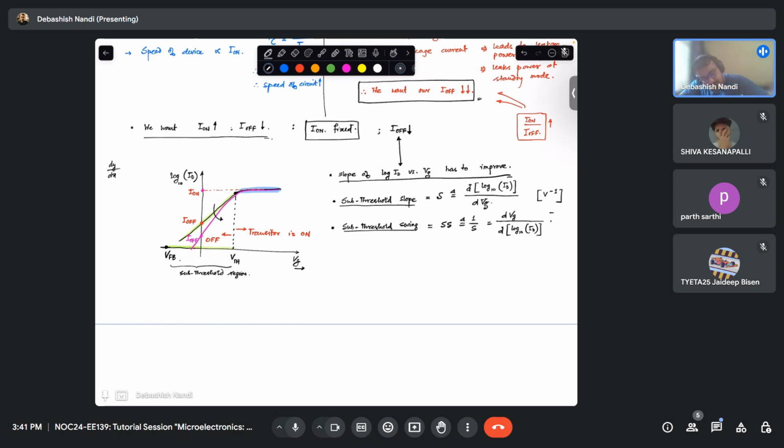So the unit of this is millivolt per decade. Decade has no unit, it is just a connotation. If you increase your ID by 10 orders, then your log of that will increase by 1 order, right? Log 10 of I2 by I1: if you increase I2 by 10 orders, this entire stuff will increase by 1 order.